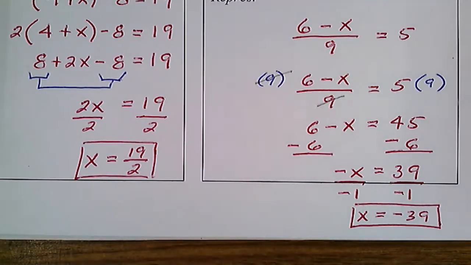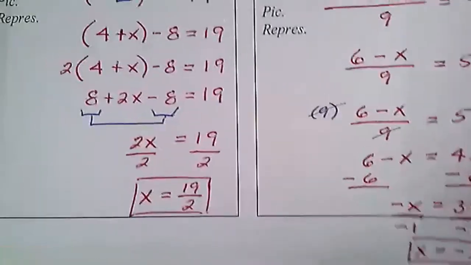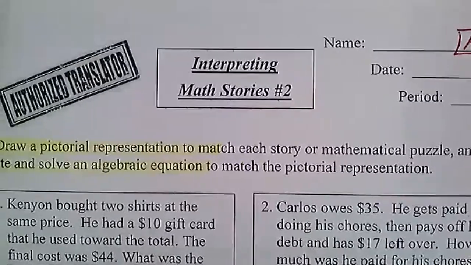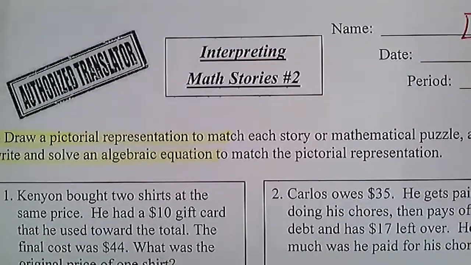We're going to do the same thing with interpreting math stories number 2. And I am going to have you do, let me put that worksheet up here. So this is interpreting math stories. I'm going to have you do number 1, 2, and 3 on your own.